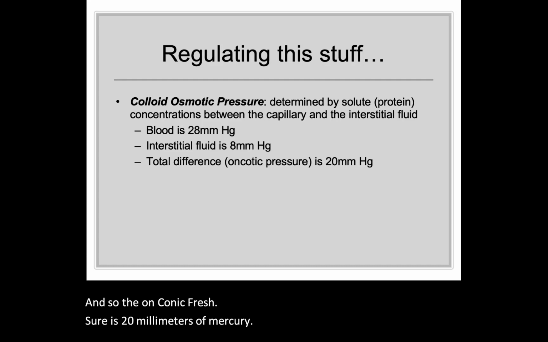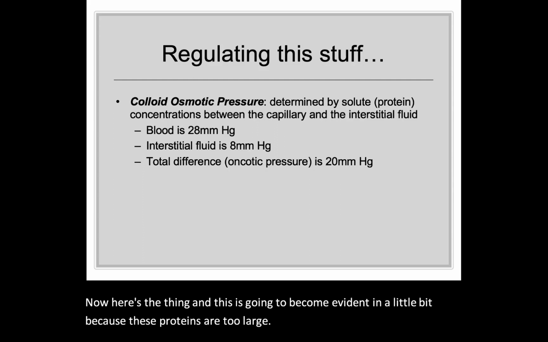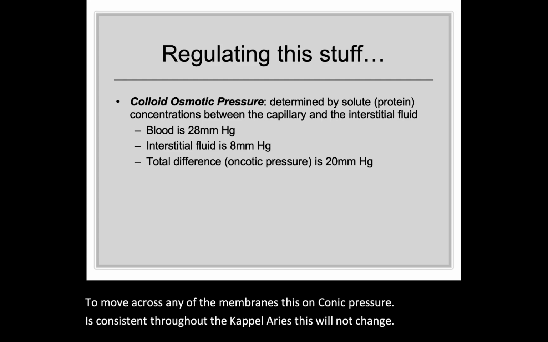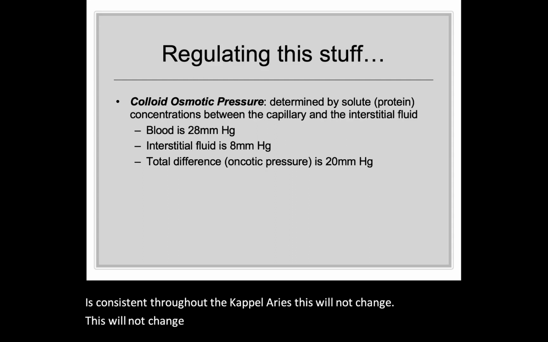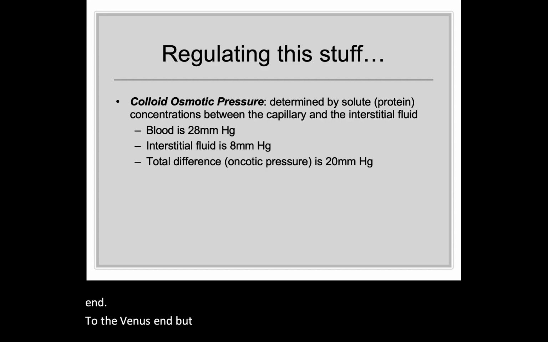Now here's the thing, and this is going to become evident in a little bit. Because these proteins are too large to move across any of the membranes, this oncotic pressure is consistent throughout the capillaries. This will not change. Your hydrostatic pressure is going to change as you go from the arterial end to the venous end, but colloid osmotic pressure, or this oncotic pressure, is going to be stable.